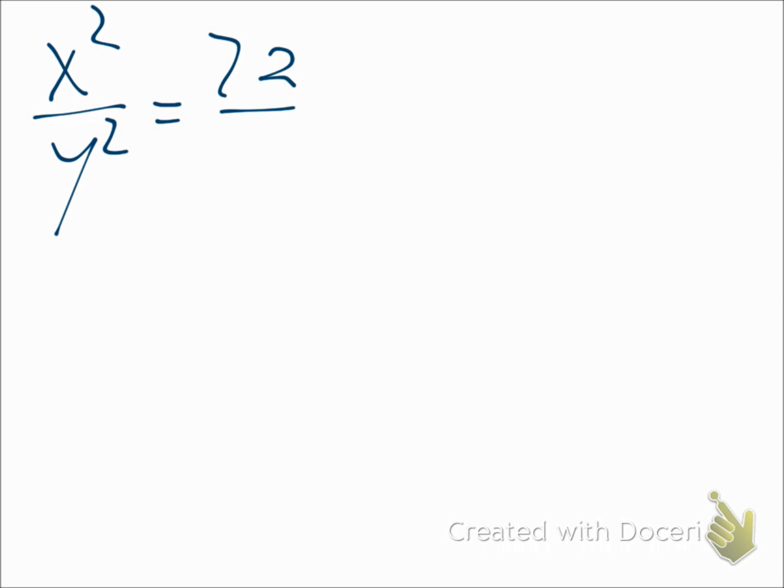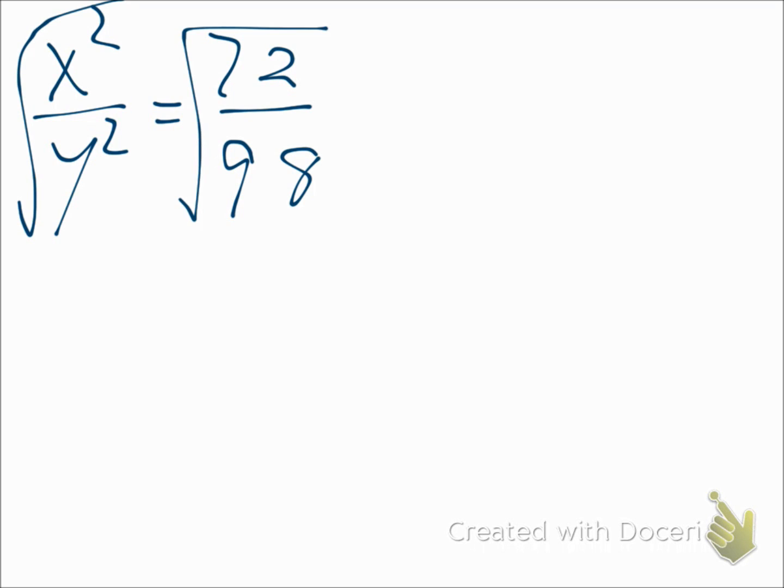So since x squared over y squared is equal to 72 over 98, I can square root each side. So my x over y fraction actually equals 6/7.